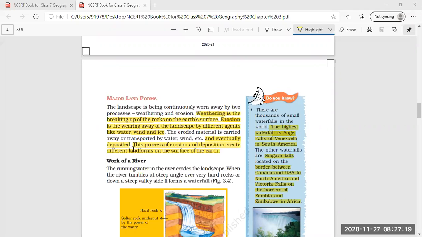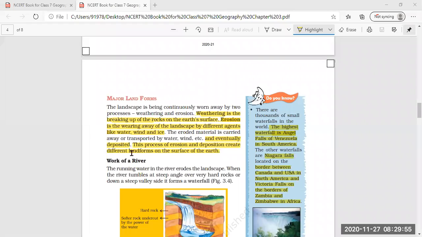Thus, the landscape of a particular area is damaged or disappears just because of the action of water, wind, and ice. And eventually they are deposited. That means at one place they are taken away, and at another place they are deposited. Now, weathering and erosion is very much clear.